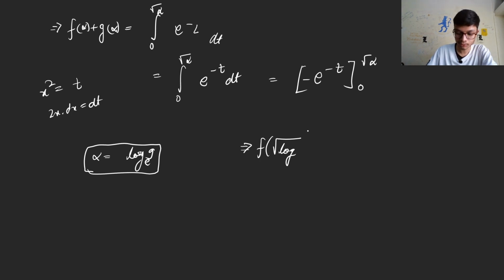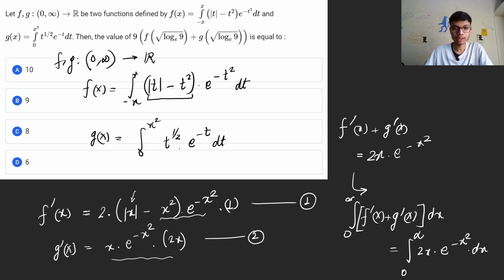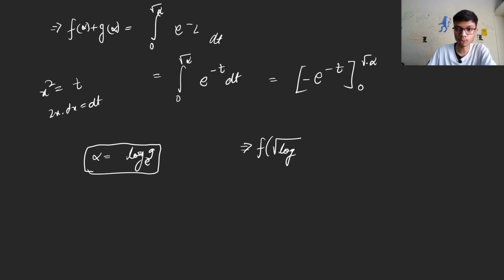It is better to put root alpha, so from there I can simplify this result. So it is better to put root alpha, that is f of root log 9 plus g of root log 9 base e.